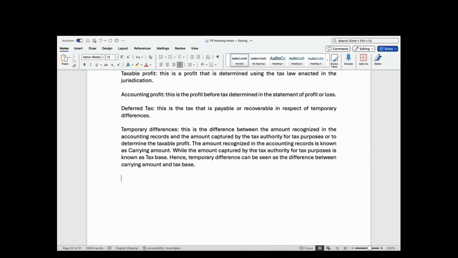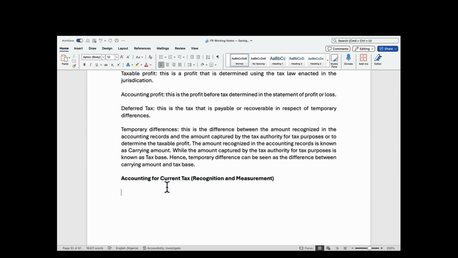Now, let me come back to accounting for current tax. When I say accounting for current tax, I mean the recognition and measurement of current tax. So, how do we account for current tax?